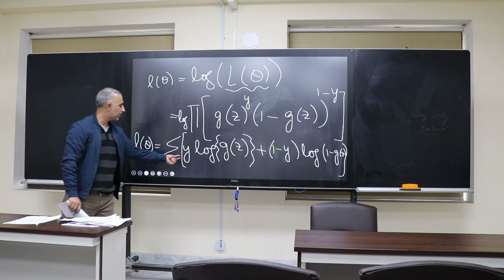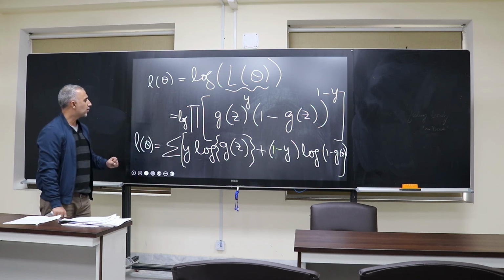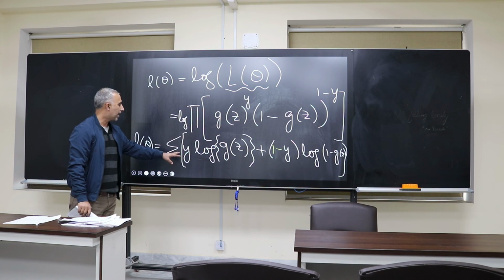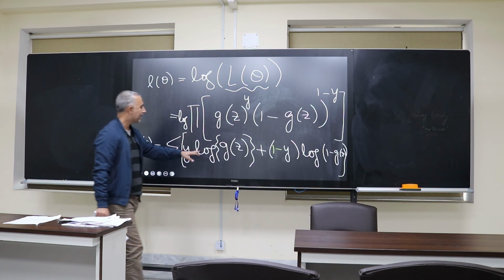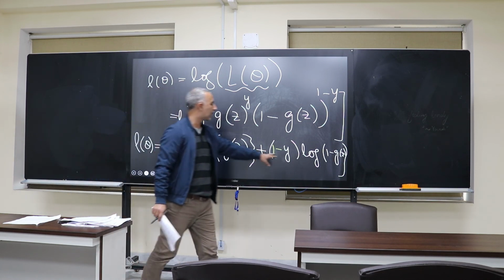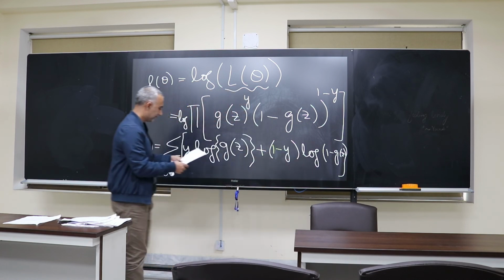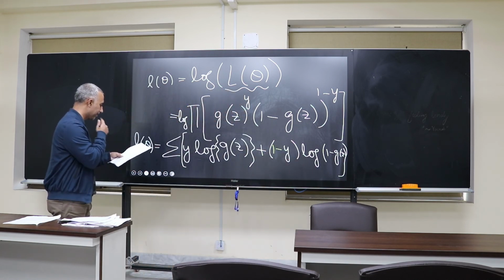Once you consider y equivalent to 0, okay, we are talking about the benign case, then this term will become 0 and this term you will get in the remaining, and this whole term.